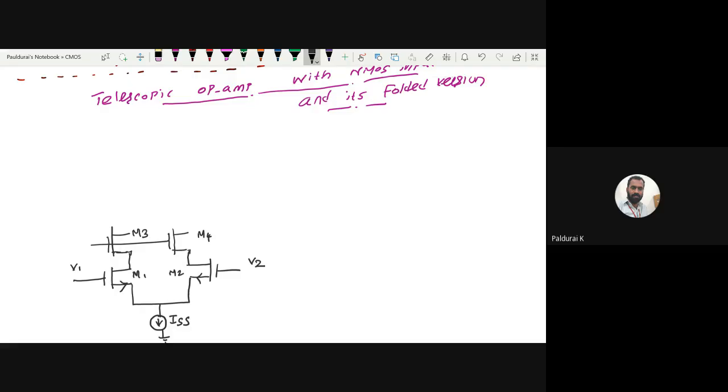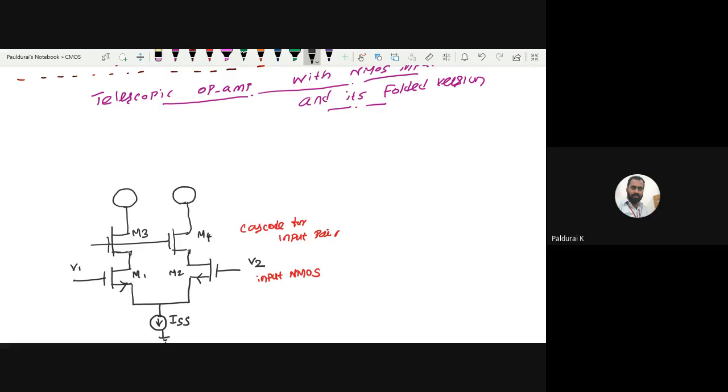Okay, so this is my input pair, input NMOS, and this is my cascode for the input pair. Load device. Time being, because we want to avoid confusion with more transistors, அந்த load device ஐ நான் current source வச்சே போடுறேன்.